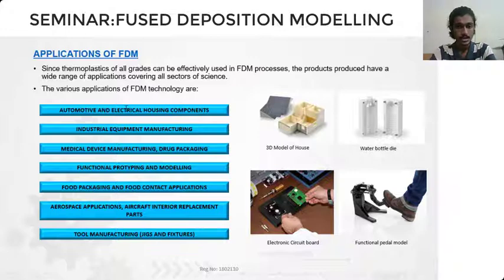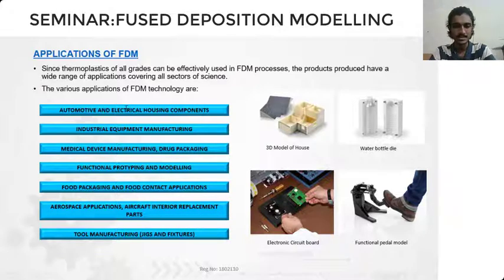It plays a vital role in creating prototypes which are both functional as well as models, and has a key role in aerospace applications, aircraft interior replacement part manufacturing, and can be commonly used for tool manufacturing, tool aiding sectors such as production of molds, or jigs and fixture manufacturing.